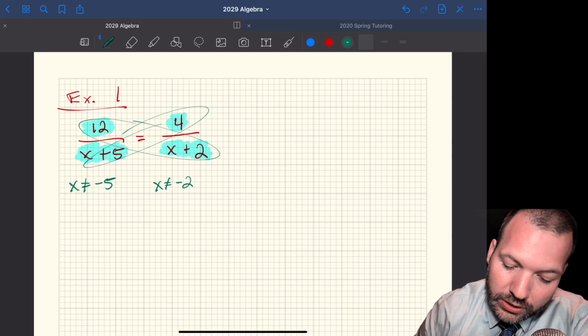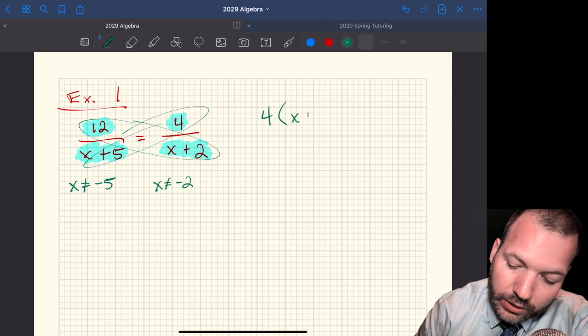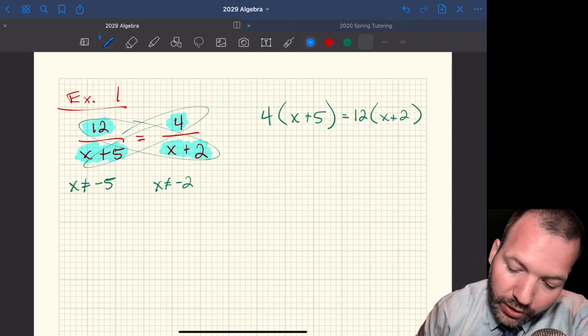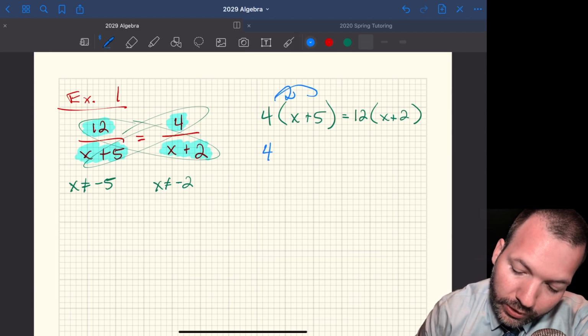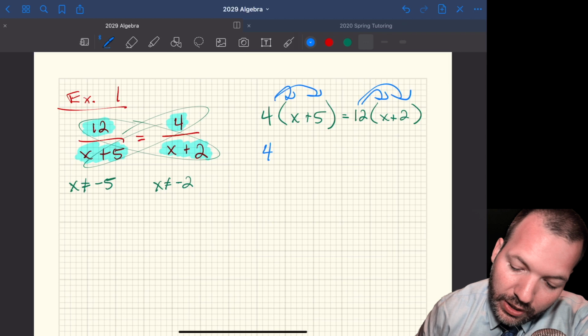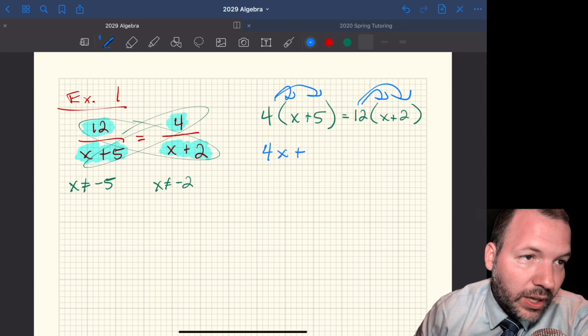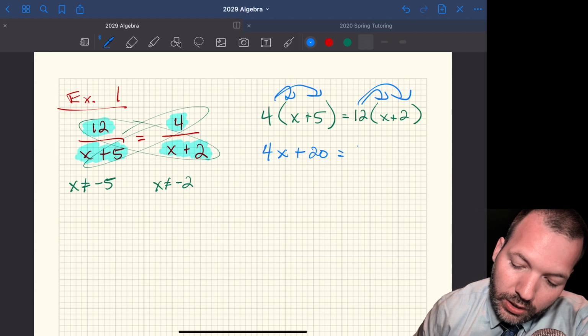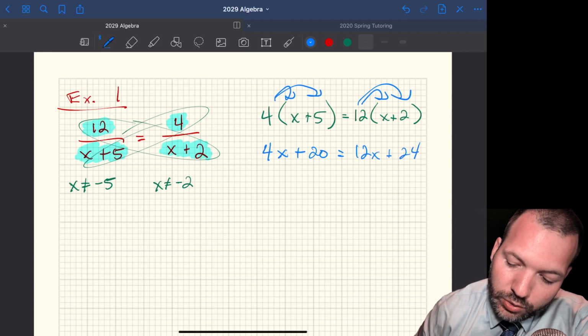We are just going to say 4 times the quantity x plus 5, if this is going to have a solution, needs to be equal to the other cross product, 12 times the quantity x plus 2. From there, of course, we want to distribute. We're going to distribute a 4 on the left and a 12 on the right. So that is 4x plus 20 equals 12x plus 24.